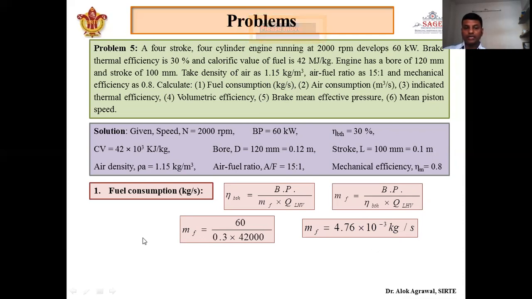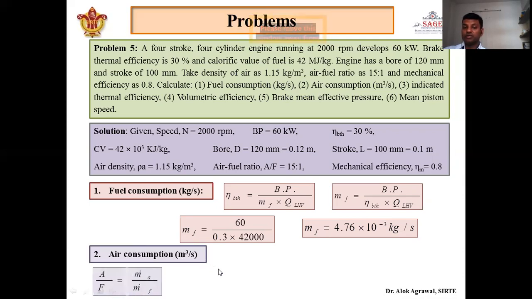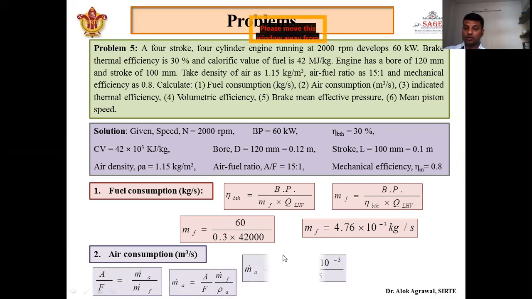Okay. Next is air consumption, but it is asking in meter cube per second. So first we will calculate it in kg per second with the help of the air fuel ratio, which is given as 15:1. To calculate it in kg per second, we multiply A by F with MF only. But for converting it into meter cube per second, we have to divide it by the density of air.